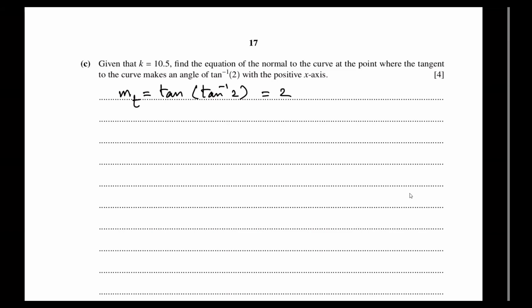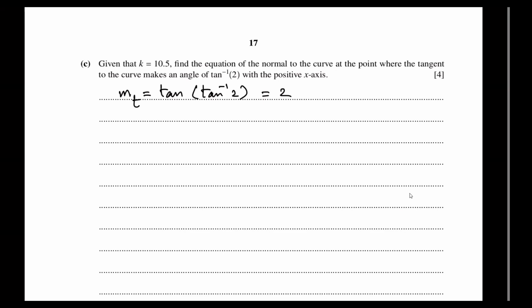Now you have to find the equation of the normal at the point where the tangent to the curve makes an angle of tan inverse 2. So you have to find the point where the gradient of the tangent to the curve is 2.